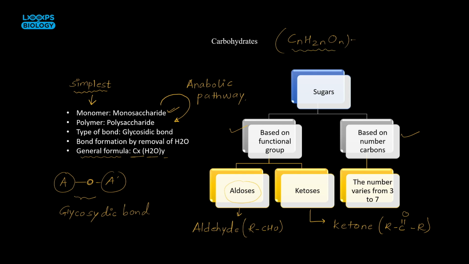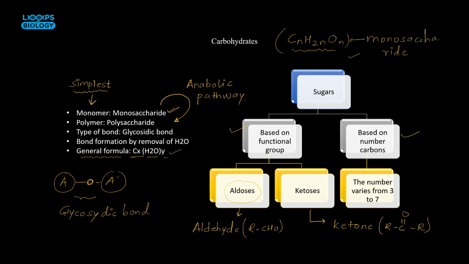This formula works when it comes to a monosaccharide. So to understand whether the molecule is a monosaccharide or a complex carbohydrate, for complex you should follow the first one, and for monosaccharide you should follow CnH2nOn. There will be no problem.